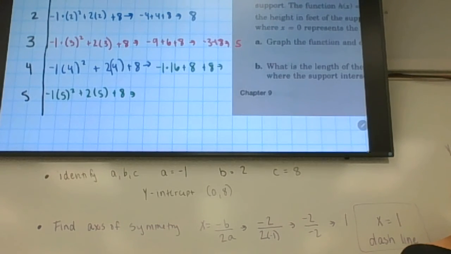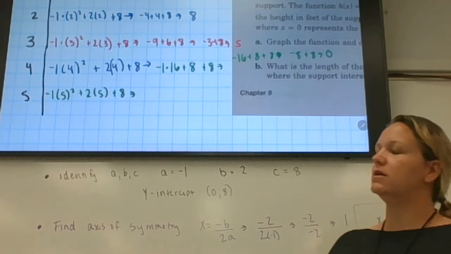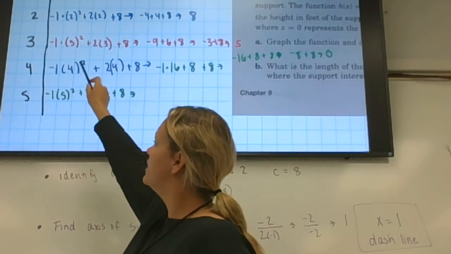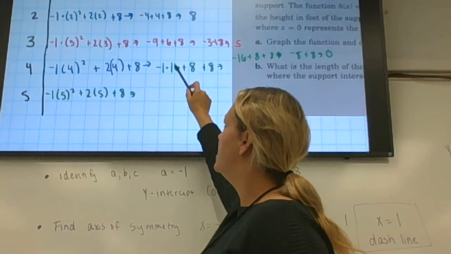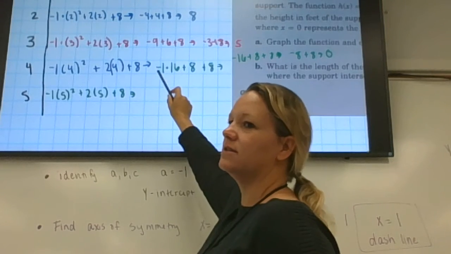So that's negative 16 plus 8 plus 8. 0. That's what we're looking for. We're looking for 0. Negative 8 plus 8, 0. So you see how I'm squaring this first, and the negative 1 is still on the outside.